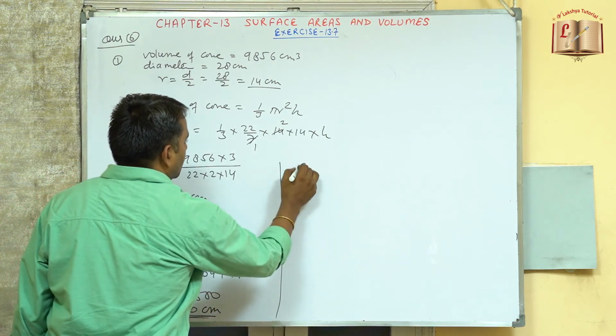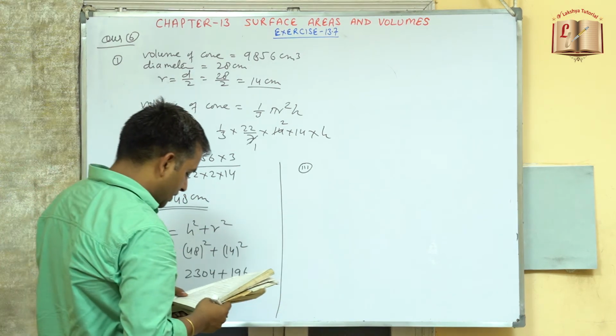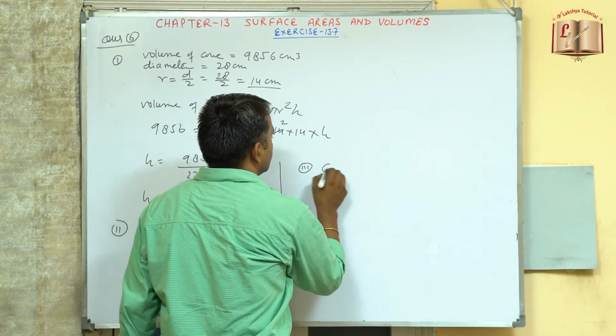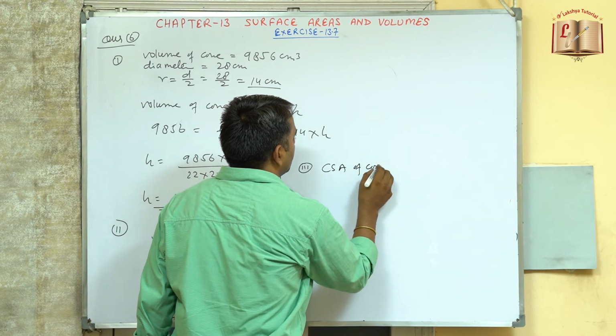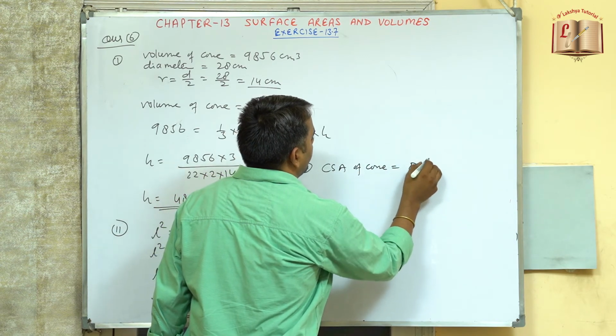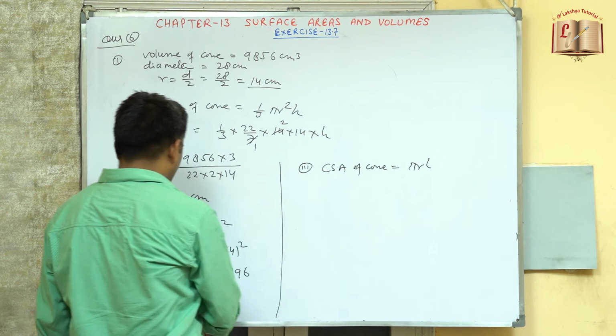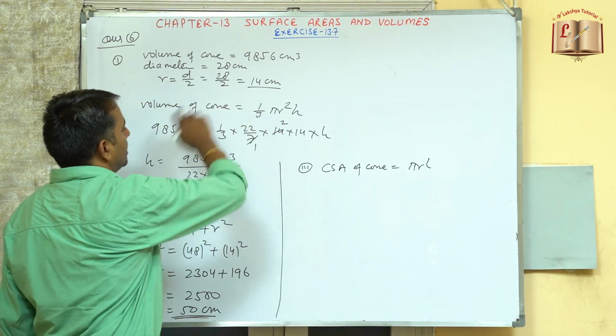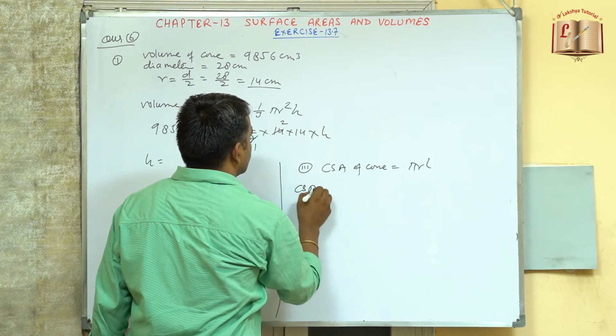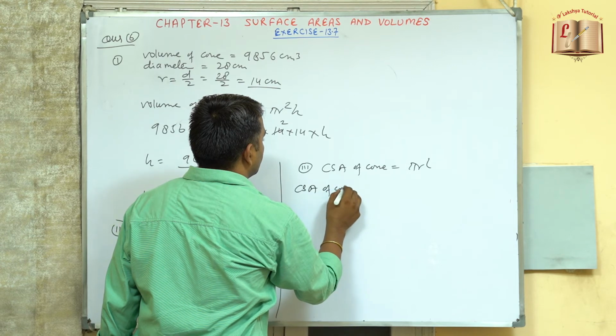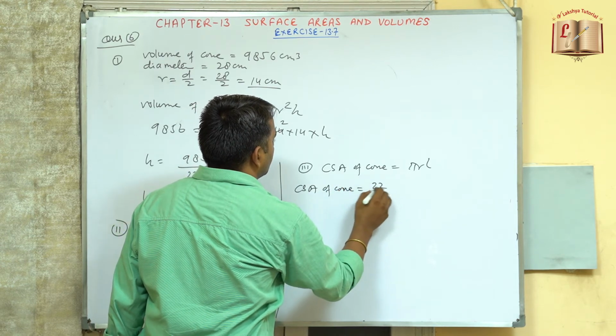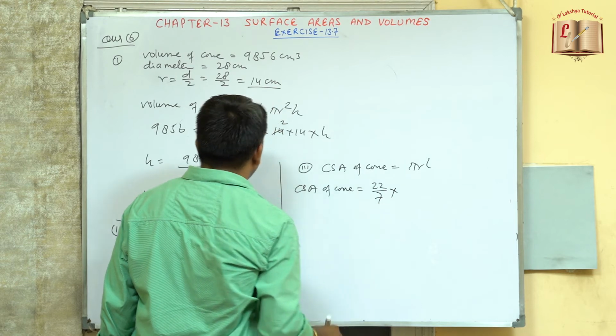Now we need to find out the curved surface area of the cone. So CSA of cone is given by pi r L. So L we already got and r is already given. So therefore the CSA of cone will be equals to 22 by 7 into r.